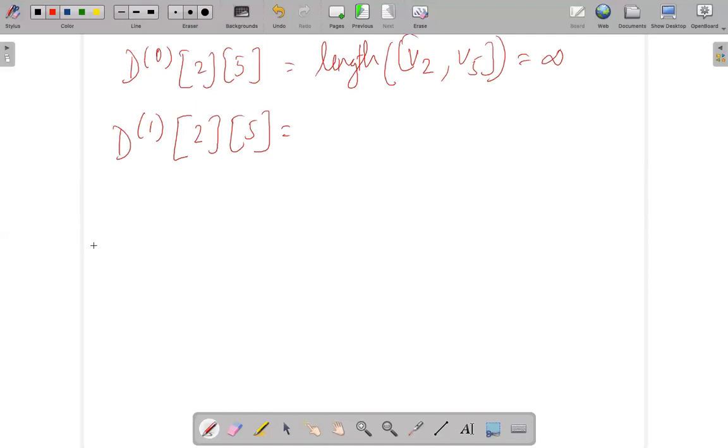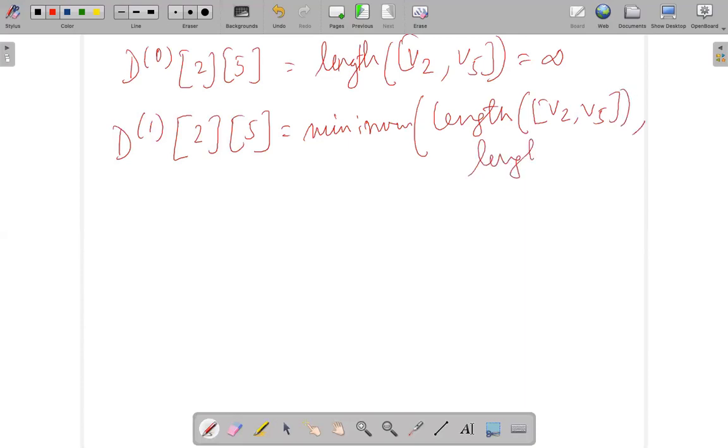You want to find the shortest path from 2 to 5 where the intermediate vertex can be only V1. So this is the minimum of the length of V2 V5 and the length of V2 V1 V5.